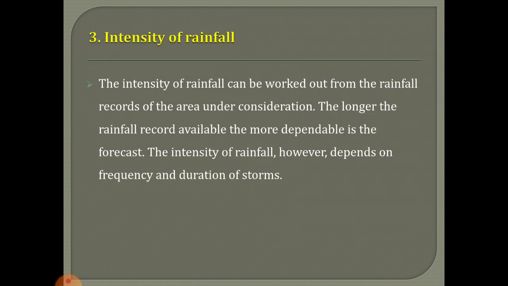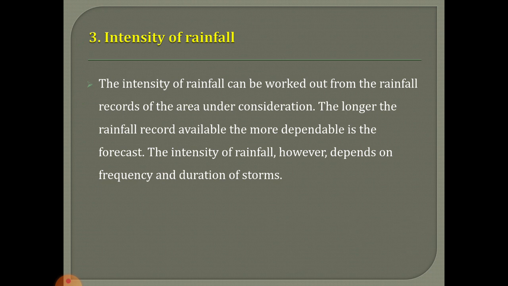Then the stormwater flow or the runoff also depends very much upon the intensity of rainfall. The intensity of rainfall can be worked out from the rainfall record. If we don't have a ready record with us, historical data can be referred to calculate the rainfall intensity for the area under consideration.